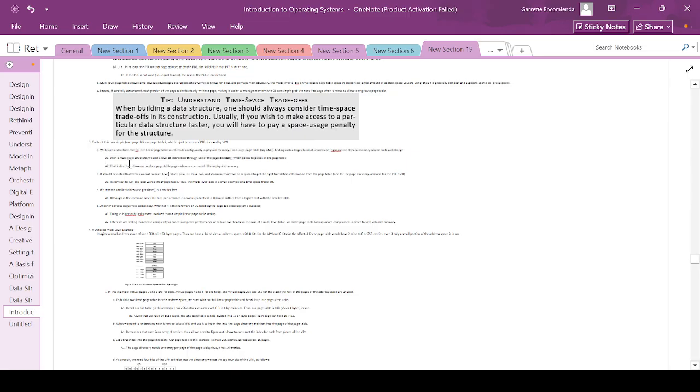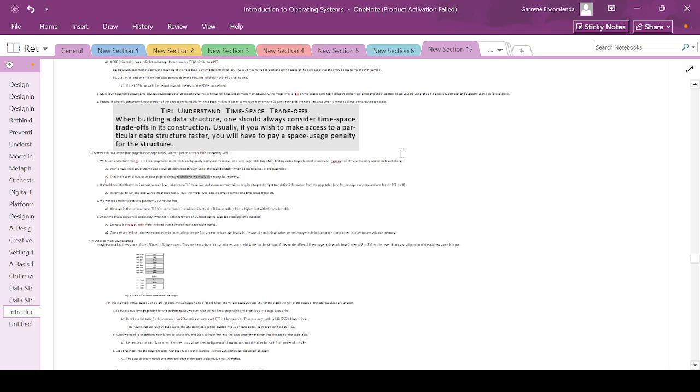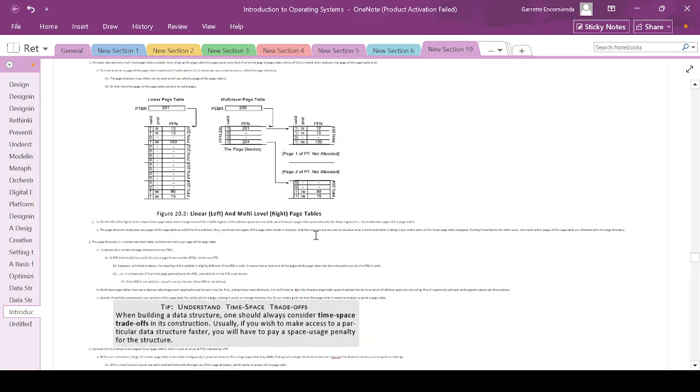That indirection allows us to place page table pages wherever we would like in physical memory. So these page table pages, like the one we saw earlier, allow us to put them wherever we like in physical memory, just like this.